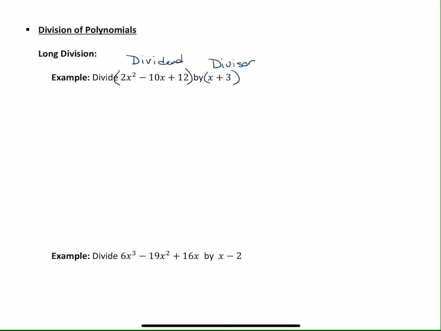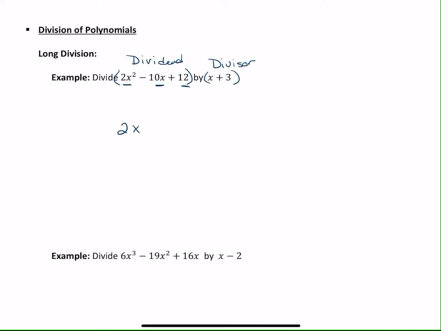It needs to be in order from the highest degree to the lowest degree, which we're good here. We have an x squared, then an x, and then a constant term. So it's in descending order. You also need to make sure there's no degrees missing. And this is x squared, x, and then the constant. So we're good here. We'll deal with missing terms in a later example. So for now, we're good to go.